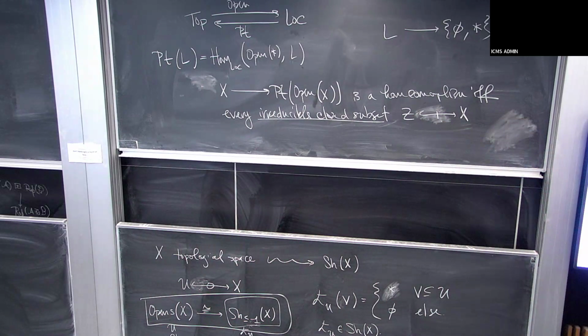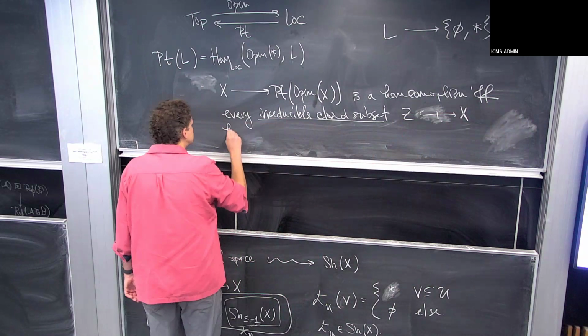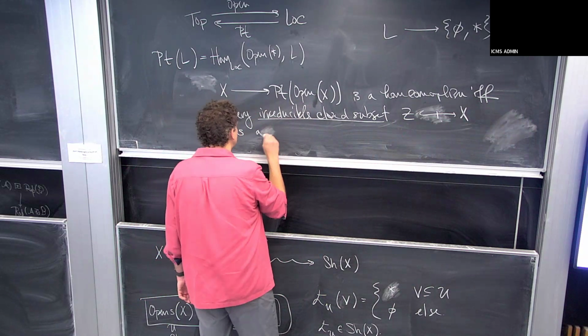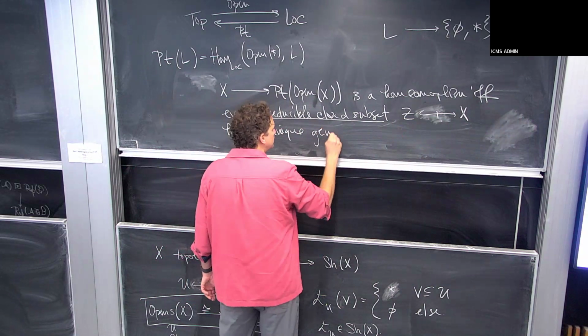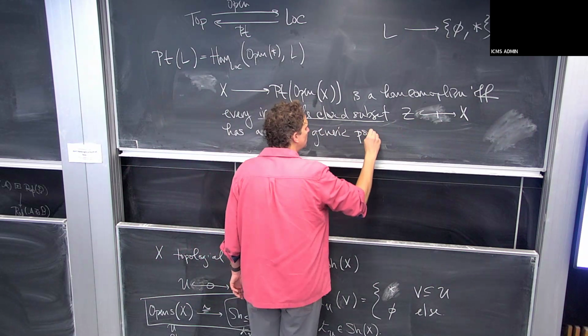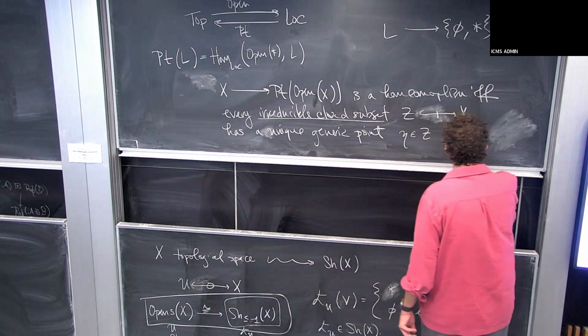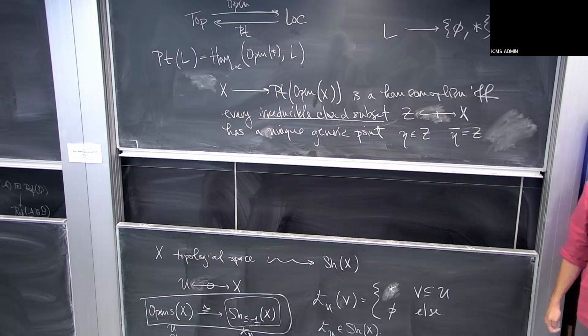Anyway, you're thinking about these irreducible closed subsets, and what you want to say is that every irreducible closed subset has a unique generic point. So that's a point eta in Z such that Z is the closure of that point.